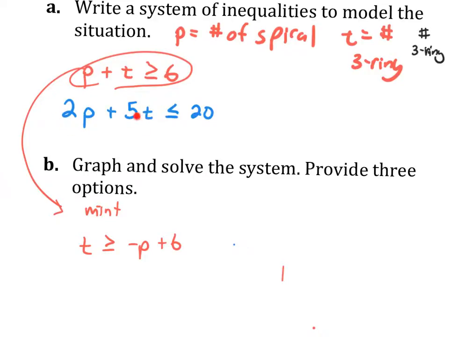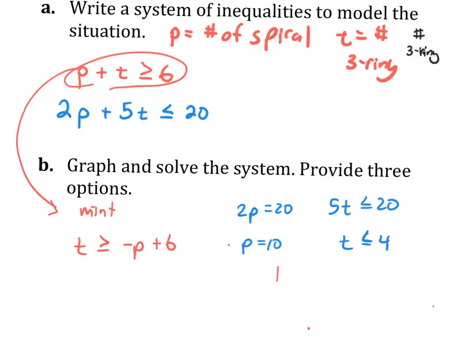Cost there, $5. All right, now the other one, I'm just going to cross out and use the intercepts. And let's see, practically speaking, what does this mean? If I only buy spiral notebooks, I can buy 10 at the most. If I only buy 3-ring binders, then solving this one will say, the most I can buy of those is 4. So there we go.